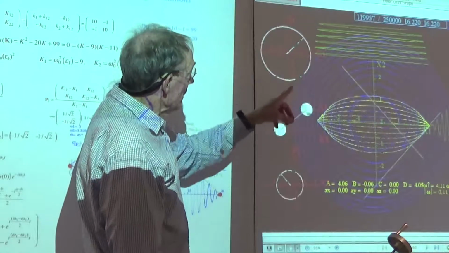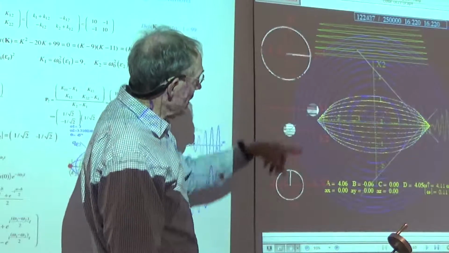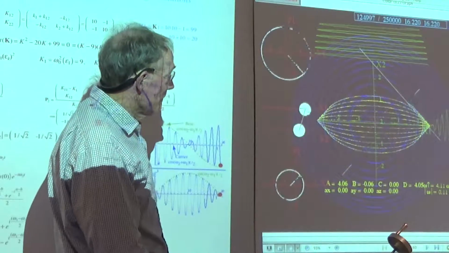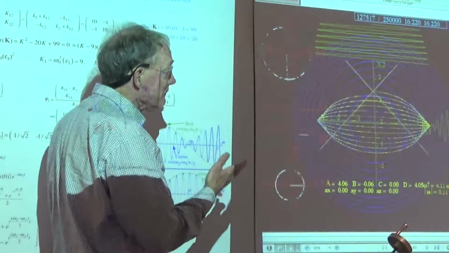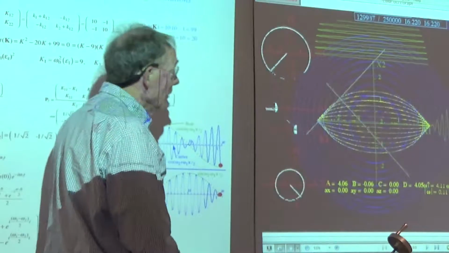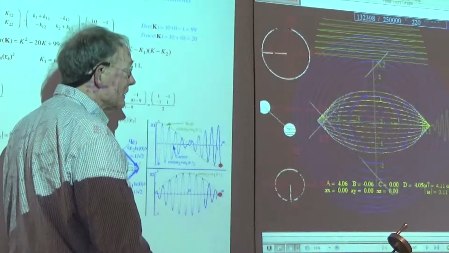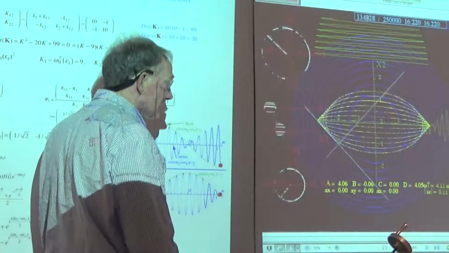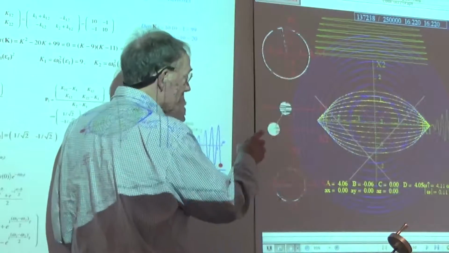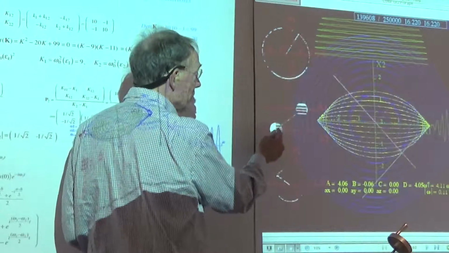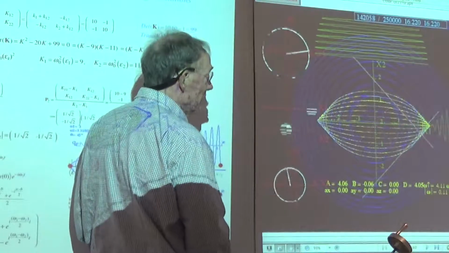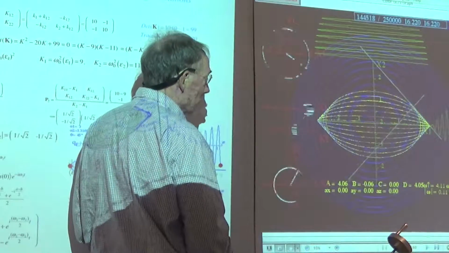So this guy here is always 90 degrees ahead of this one. Now what does that mean physically? It means that he's got his velocity in phase with the force. That is, the force that he's applying there is in phase with the velocity of that creature or person.